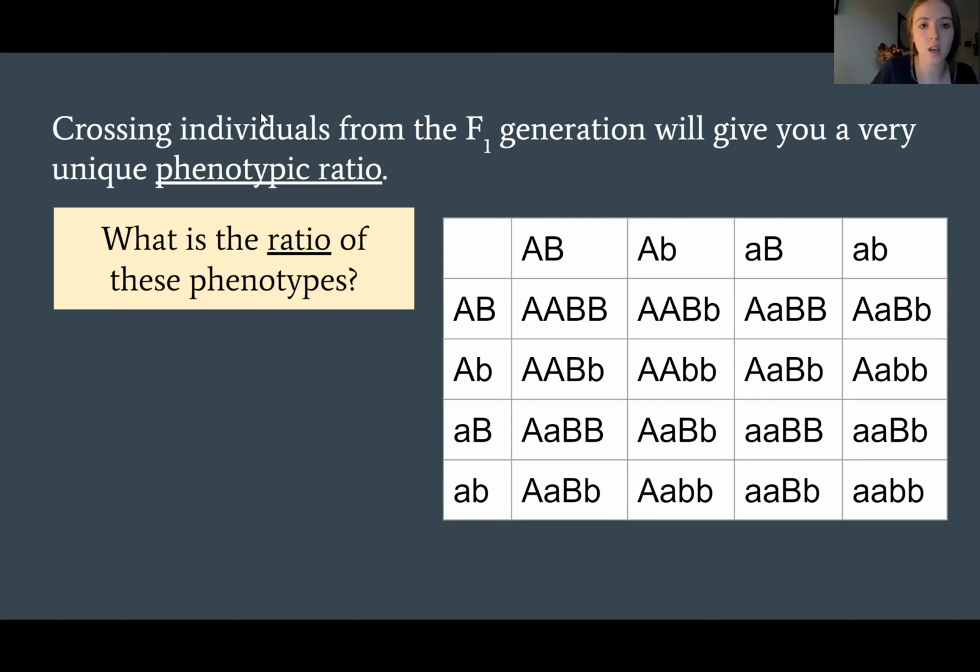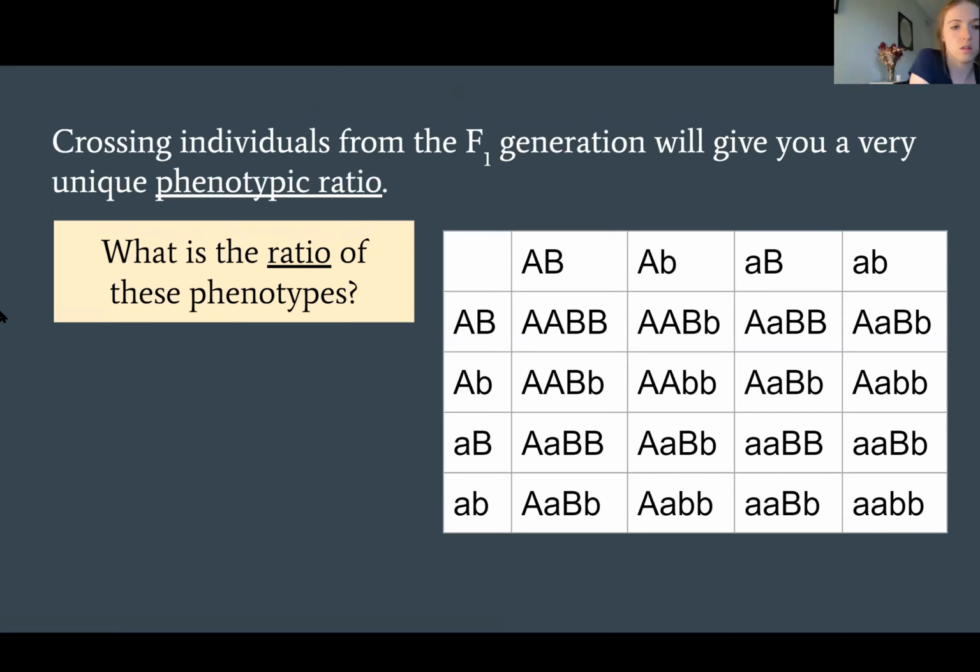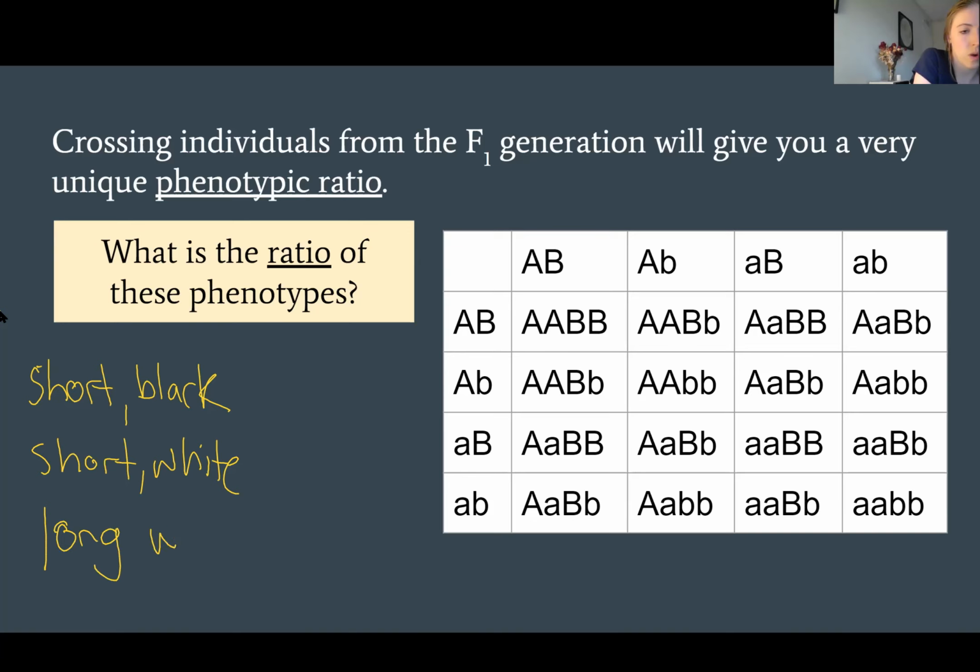Now, if you look at this cross, there's going to be potentially 4 different phenotypes. You're going to have a short-haired black rabbit, a short-haired white rabbit, a long-haired white rabbit, or a long-haired black rabbit.